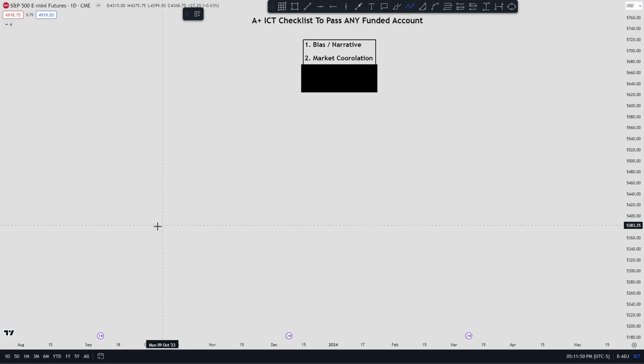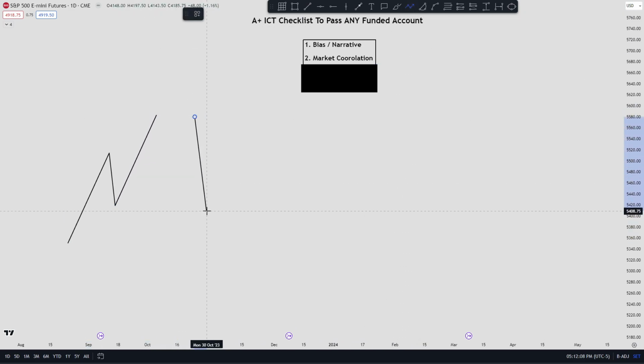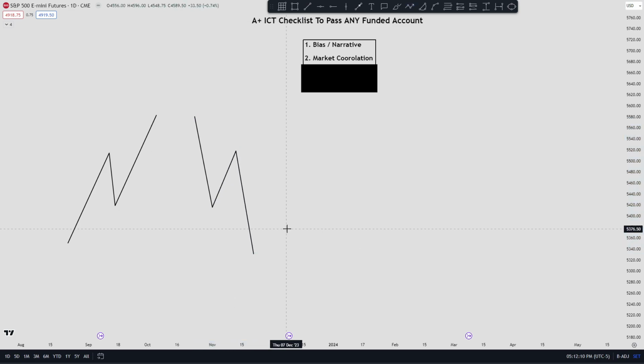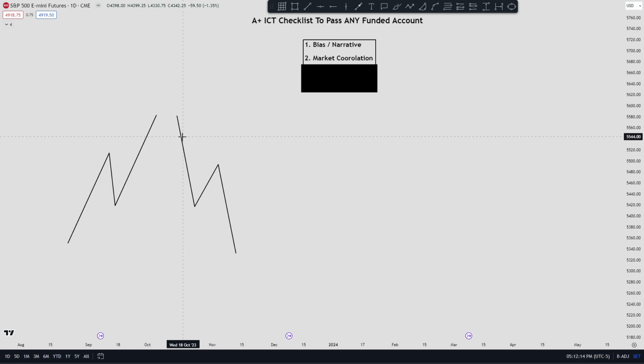Market correlation is if, let's say, GBP USD, which is the British pound against the US dollar, if GU is going higher, you should expect the dollar to be going lower as well. This is market correlation.